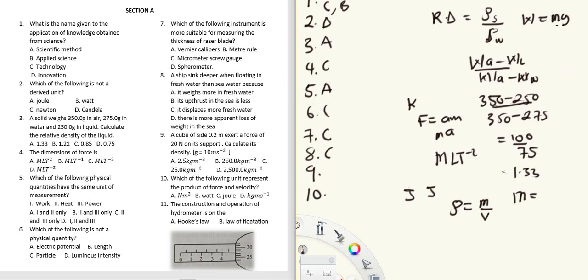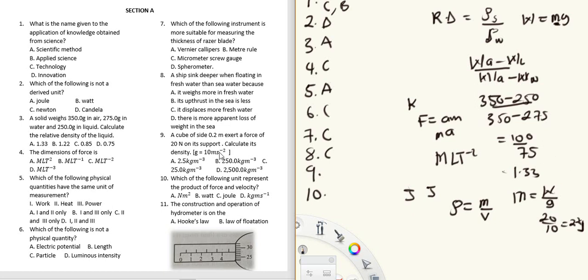If we make mass the subject, we obtain weight over gravity, that will be 20 over 10 Newton, and then we'll have our answer to be 2 kilogram. So that is the answer for mass. And so let's find the volume.